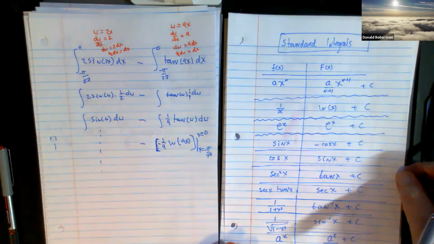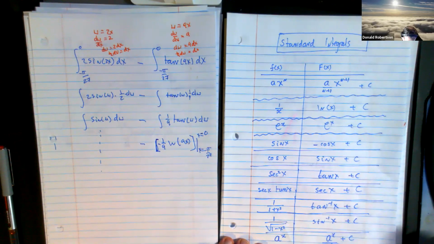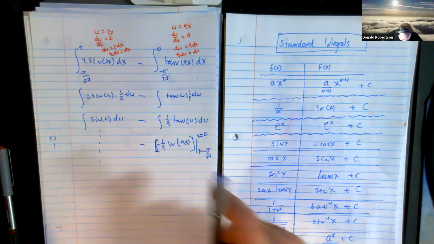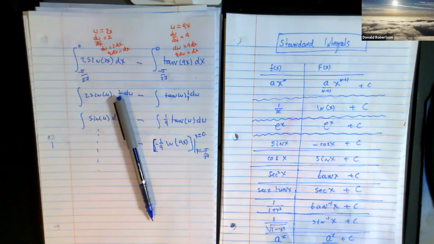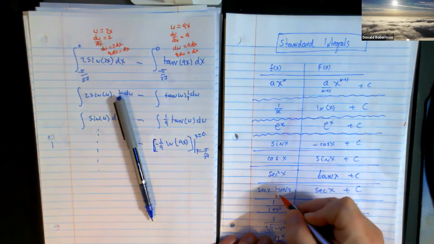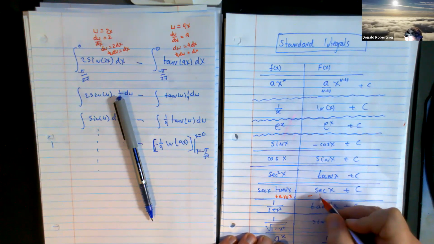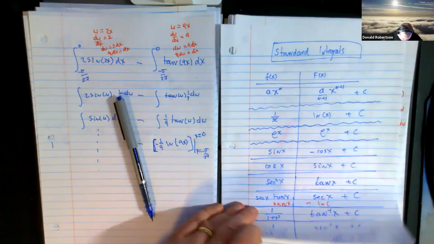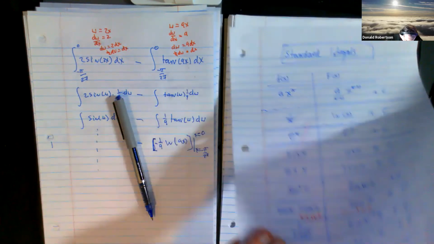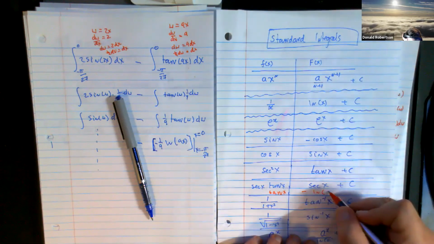So I'm going to see if I can squeeze this guy in somewhere. Here. Tan x is negative the natural log of cosine x.